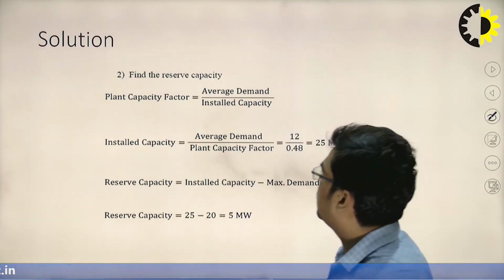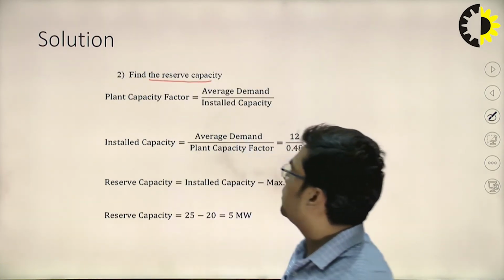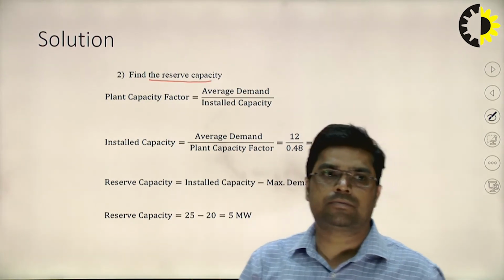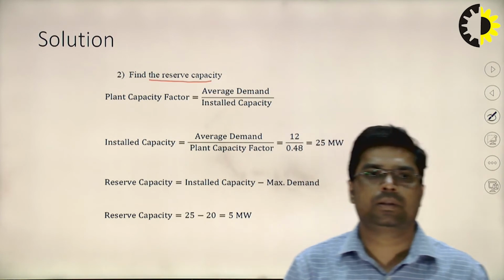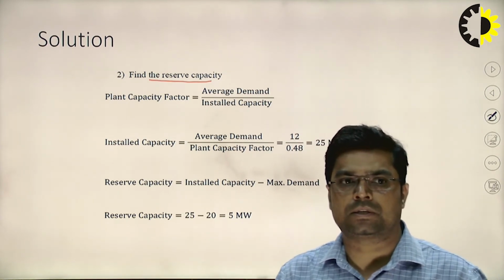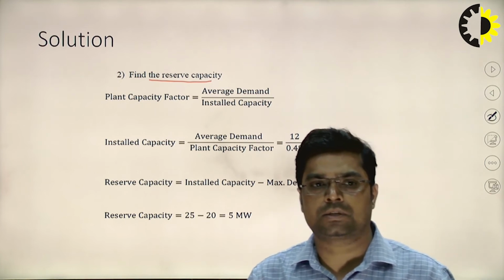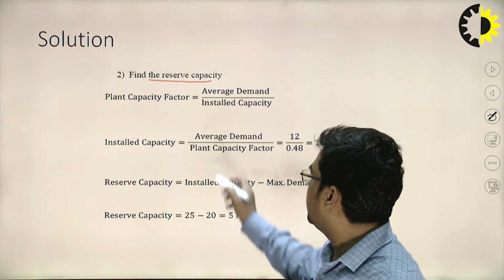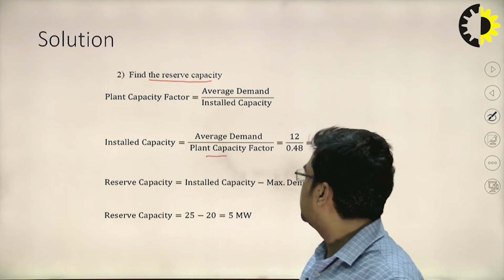Now we have to calculate the reserve capacity. For this, firstly we have to know the installed capacity of that particular station. The maximum demand of the power station is given in this problem. We calculate the installed capacity as the average demand divided by the plant capacity factor.